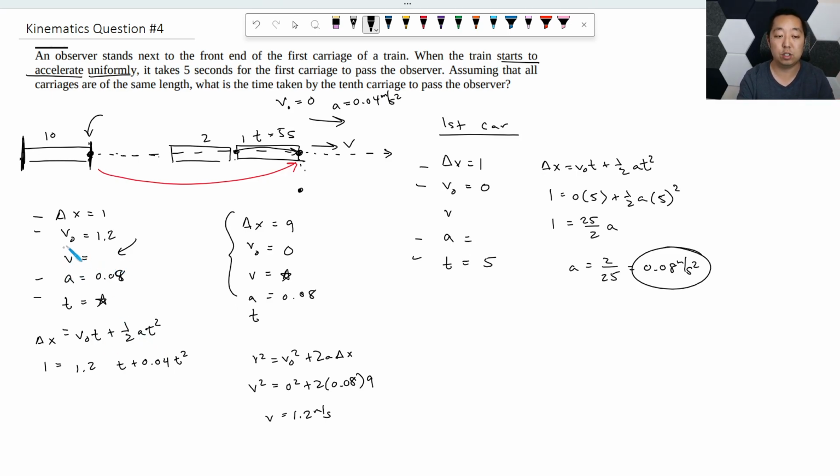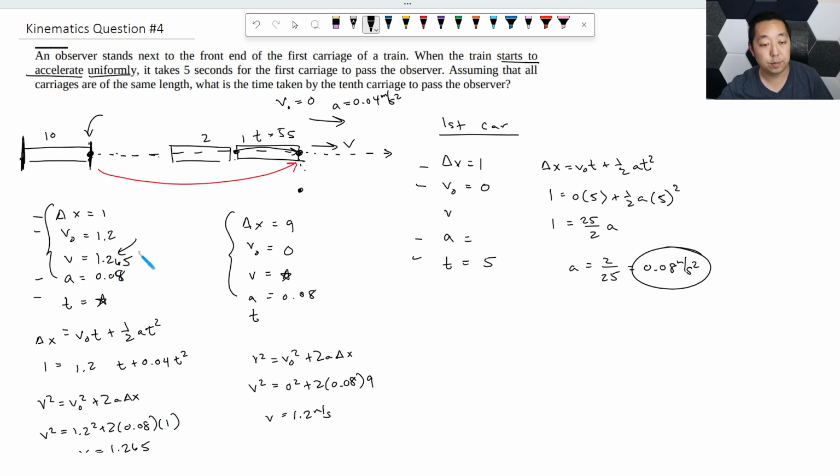What equation would relate that is this equation. So then you would say v squared is 1.2 squared plus 2 times 0.08 times 1. And then you can solve for v. I will be more careful so I don't have more mistakes in my math here. I get 1.265 meters per second.